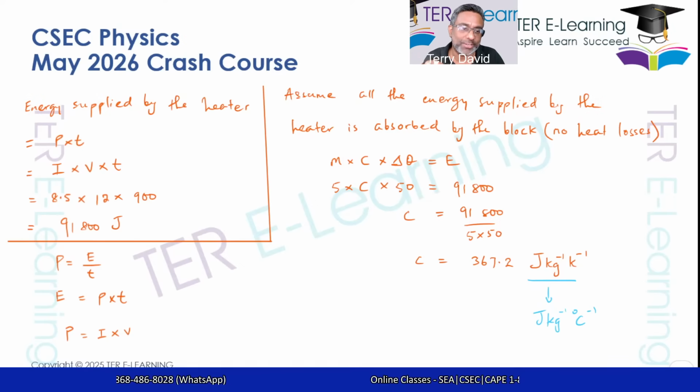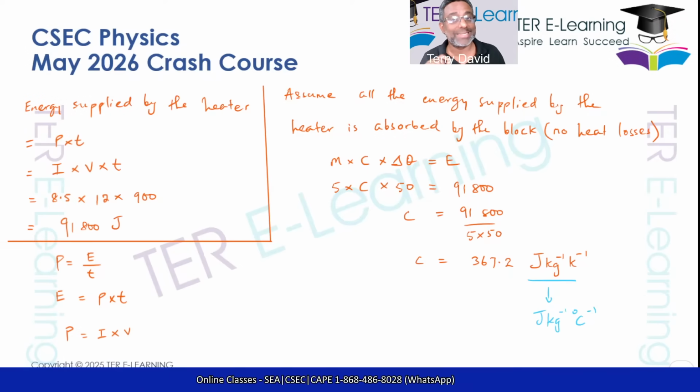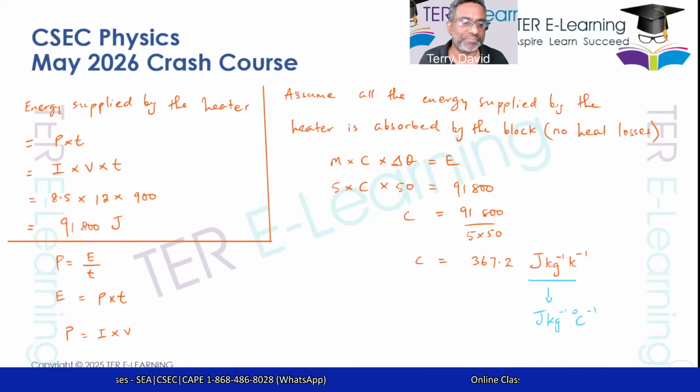Everybody will tell me it is Kelvin. So if I want the SI unit for specific heat capacity, you should tell me joule per kilogram per Kelvin, not degree Celsius. We use degree Celsius inside our unit there, but that's not the SI unit.